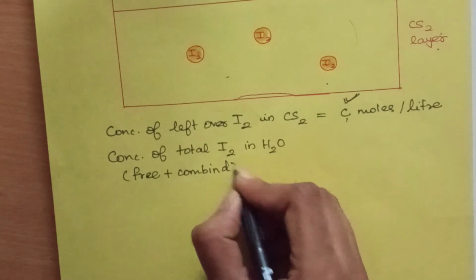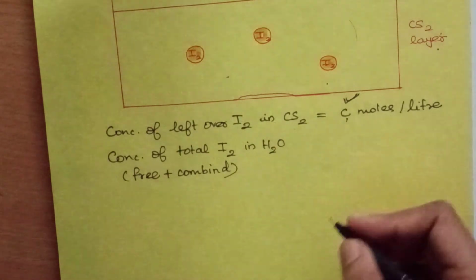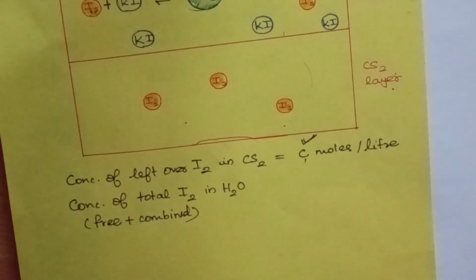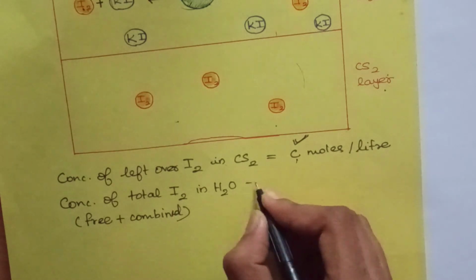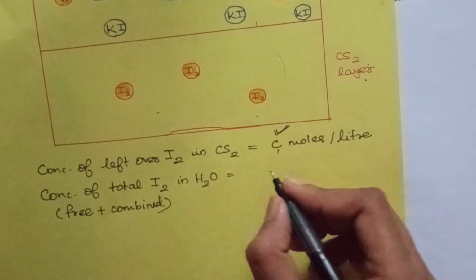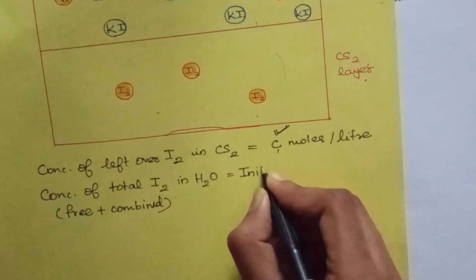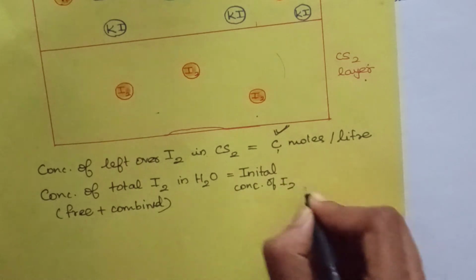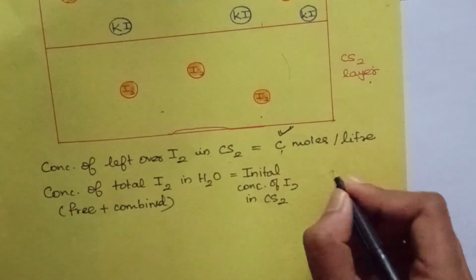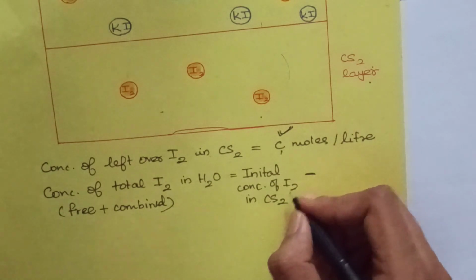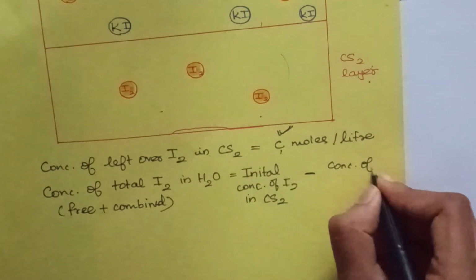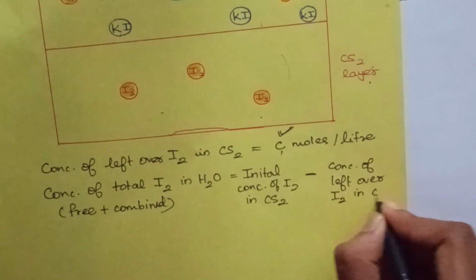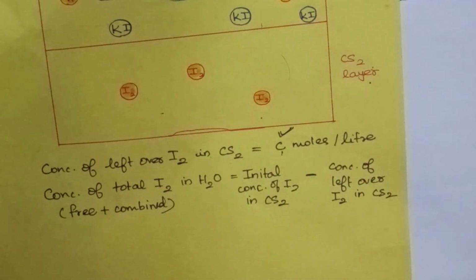The concentration of total iodine in water or aqueous layer will be given by this formula: the initial concentration of iodine in carbon disulfide minus the concentration of leftover iodine in carbon disulfide will be the total iodine present in water.